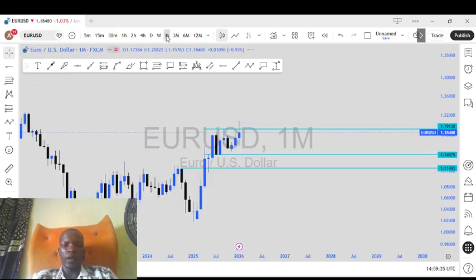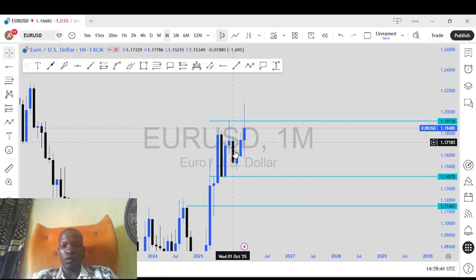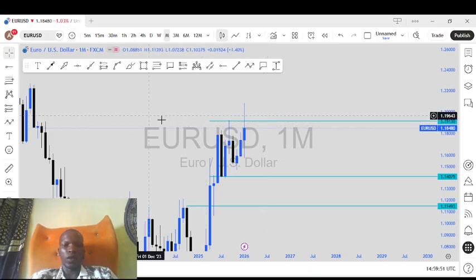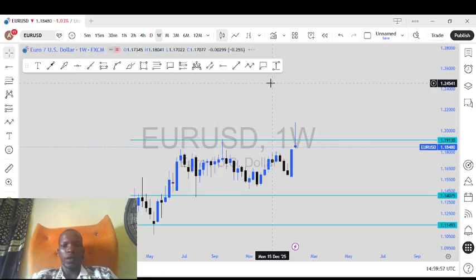Then on the monthly time frame, we see that the market has closed as a contraction also. After closing as a contraction, where can we join the market? This formation is giving us a CLT formation. And where is the market reacting from? It's reacting from this supply zone. So let's check the weekly time frame.